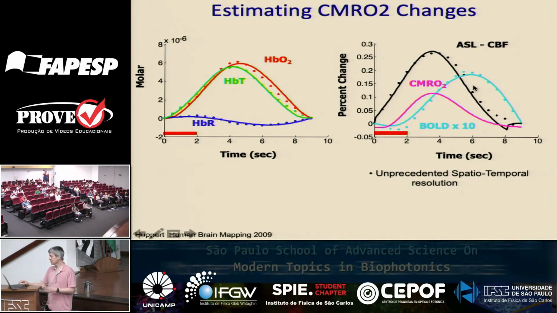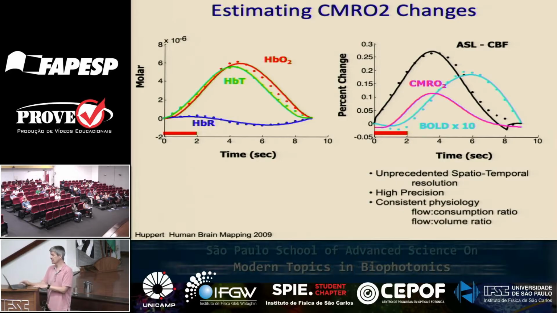So this really gives us unprecedented spatial and temporal resolution measurements of the evoked changes in oxygen consumption during brain activation, right? So there's no other method out there that allows you to measure oxygen metabolism with such high spatial and temporal resolution in humans. And so we get very precise measurements of it, and very interesting physiology comes out of this as well.